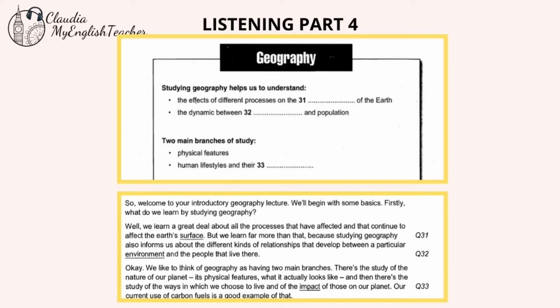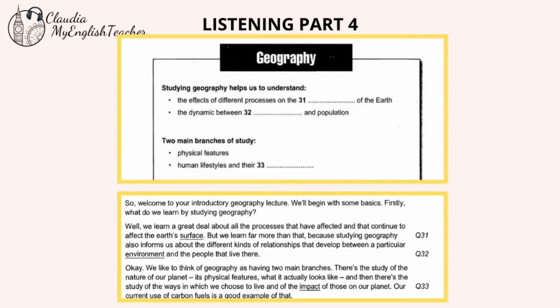If we move on to 32, we've got, "But we learn far more than that because studying geography also informs us about the different kinds of relationships that develop between a particular environment and the people that live there." So what do we have? In 32, after 32, we've got the population. Are they using population? No, they're using the people that live there.